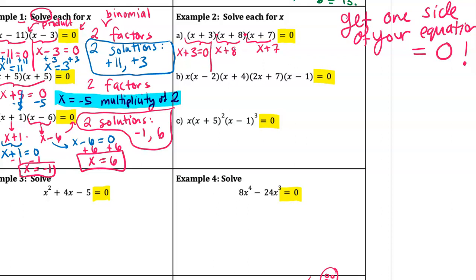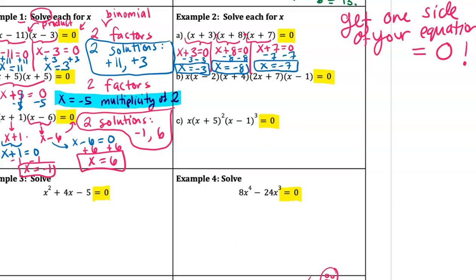So according to the zero product property, if either one of these factors was 0, then the whole product would be 0. So this factor would be 0 if x is negative 3. This factor would be 0 if x is negative 8. And this factor would be 0 if x is negative 7.